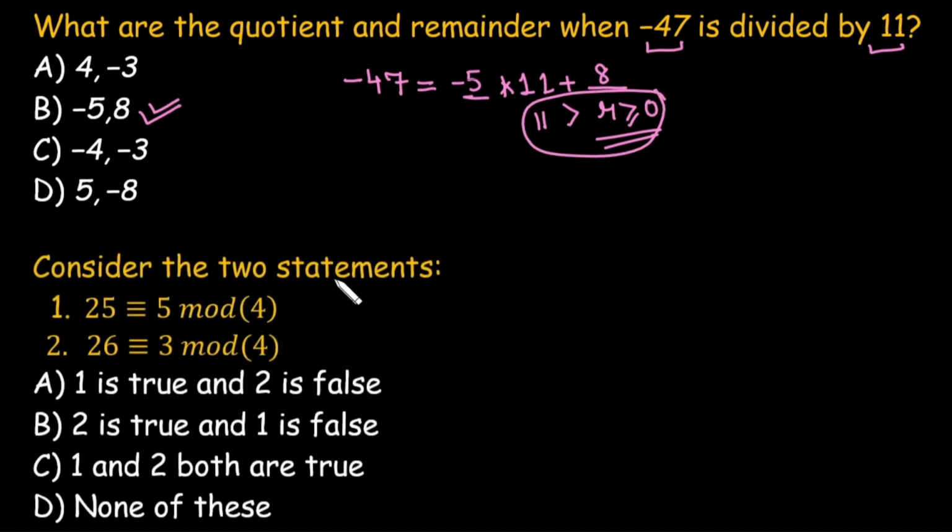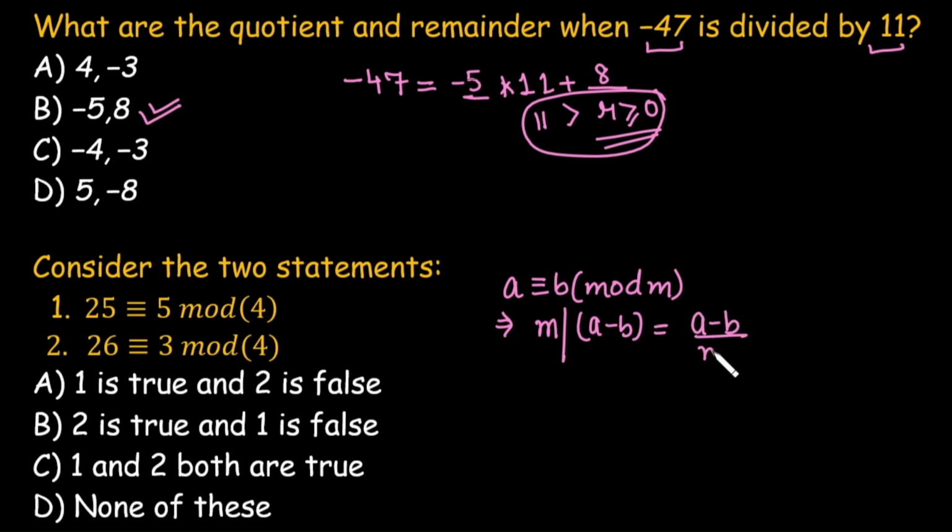Next case is, consider the two statements, which one is true and which one is false. Now according to the statement, what does it indicate? It says that 25 is congruent to 5 mod 4. As per the definition, when we say that A is congruent to B mod M, this is only possible when M divides A minus B. Or we can say that A minus B by M is exactly divisible.